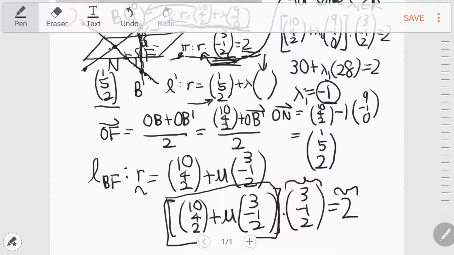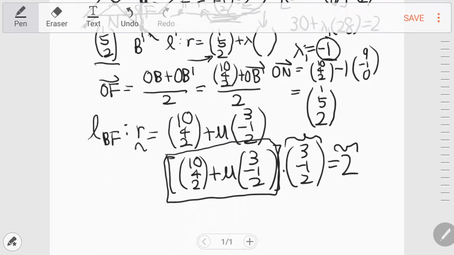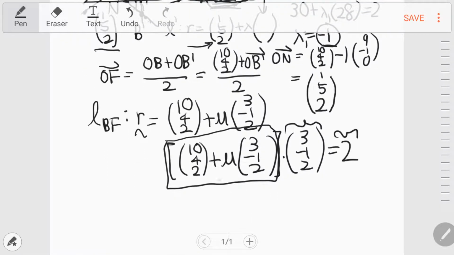So then, knowing that line's equation, we substitute into the plane's equation, and we are trying to find the position vector of OF here. So I solve this for my mu first, to then find OF. 10 times 3 is 30, 4 times minus 1 is minus 4, and plus 4. So that is the first part.